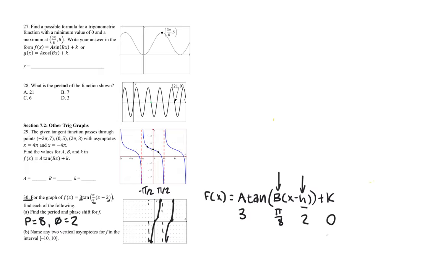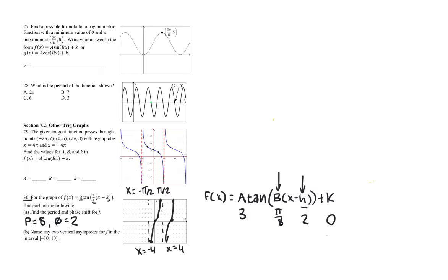We know this because we have a period of 8, and so to the left we go 4, to the right we go 4, and then in total we have 8. So instead of having these asymptotes at x equals negative pi over 2 and pi over 2, we would have our vertical asymptotes at x equals -4 and x equals 4.